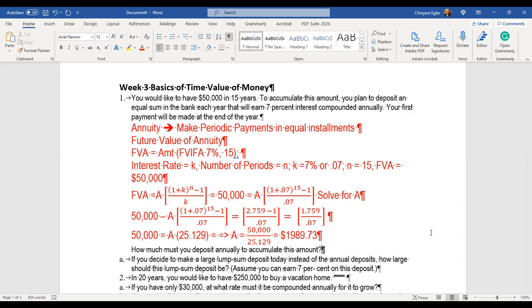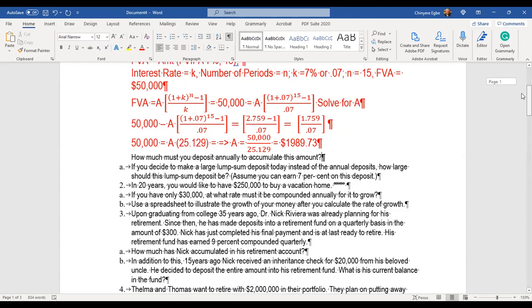You will accumulate $50,000. All right, now the question that follows says, if you decide to make a large lump sum deposit instead of annual deposits, how large should this lump sum be? All right. So in that case, what you're doing is a one-time investment. You are no longer looking at an annuity. You're just going to look at a one-time investment for one period of time.